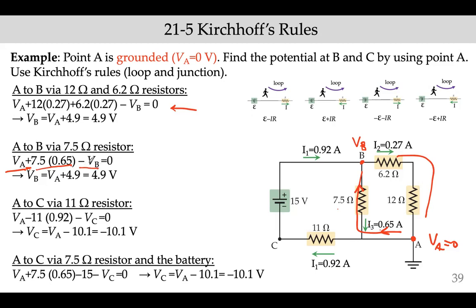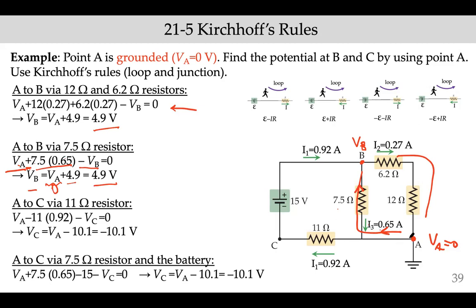Solving for VB, it will be VA plus this multiplication, which makes 4.9. And VA is 0 because it's grounded, so VB again makes 4.9, just like in the previous trial.